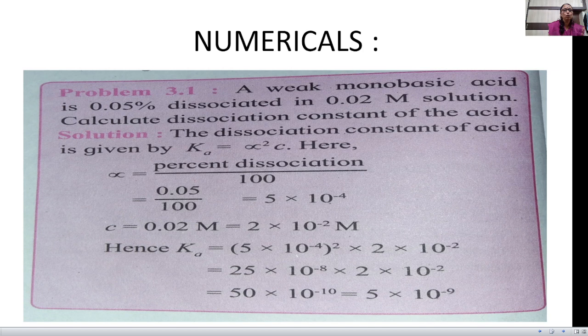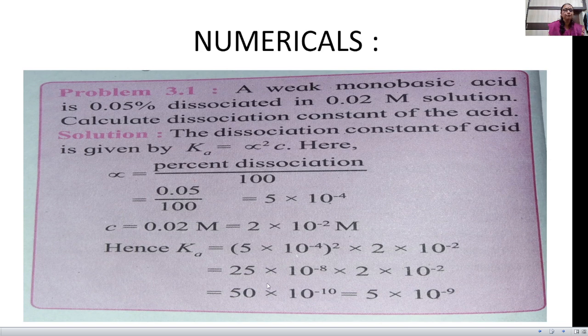Therefore, K equal to 5 into 10 raised to minus 3, raised to 2, that is its square, into C, 2 into 10 raised to minus 2. Then the square of 5 is 25 and the square of 10 raised to minus 3 is 10 raised to minus 6, into 2 into 10 raised to minus 2. 25 into 2, that is 50, and 10 raised to minus 6 and 10 raised to minus 2 means 10 raised to minus 8.